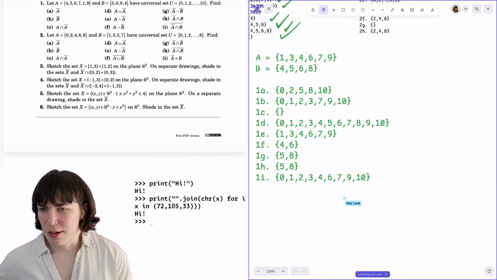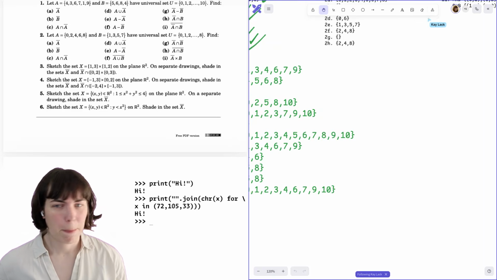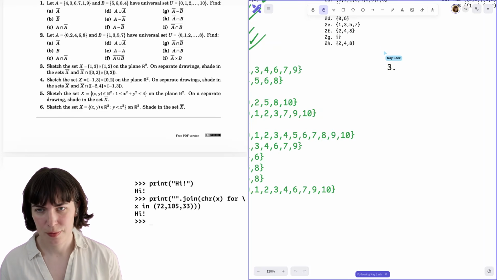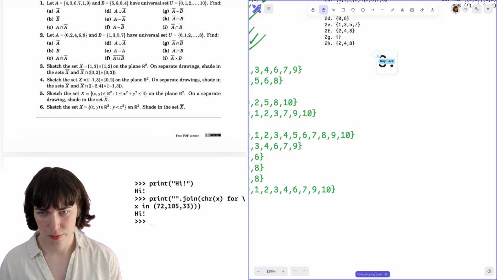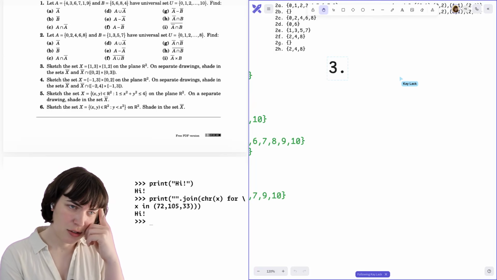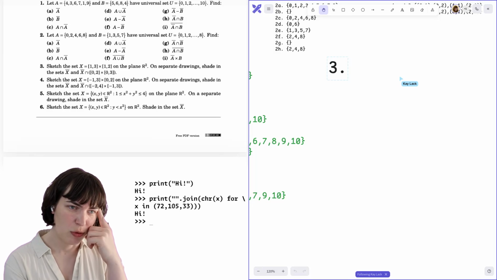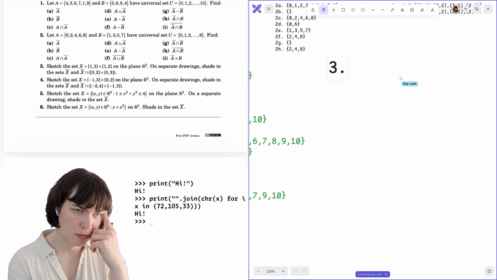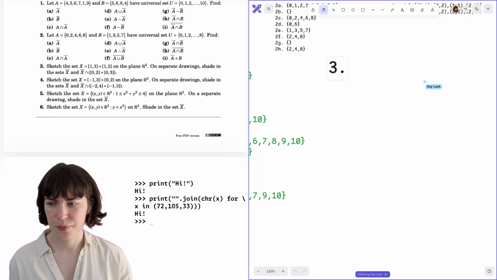Okay, let's look at the later problems. Oh, I've turned everything white. Sketch the set X. Yeah, okay, we've had that set before. Okay, I can do that.